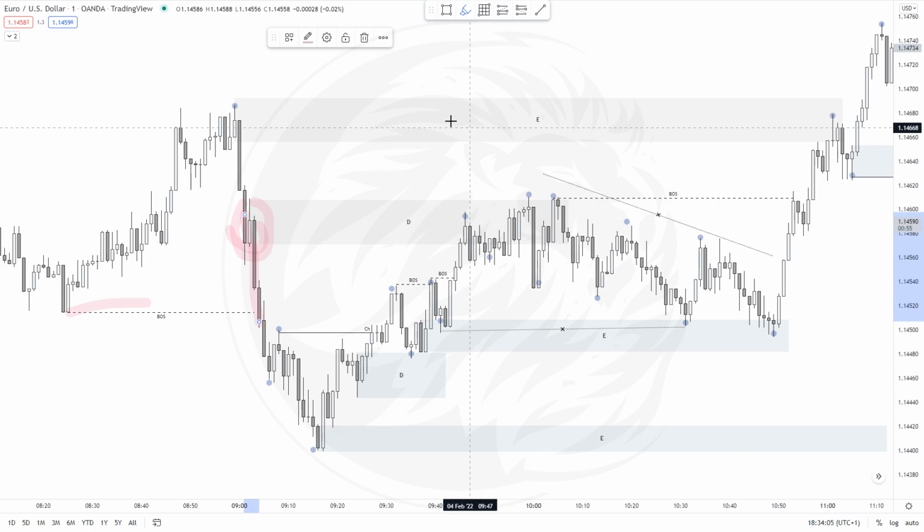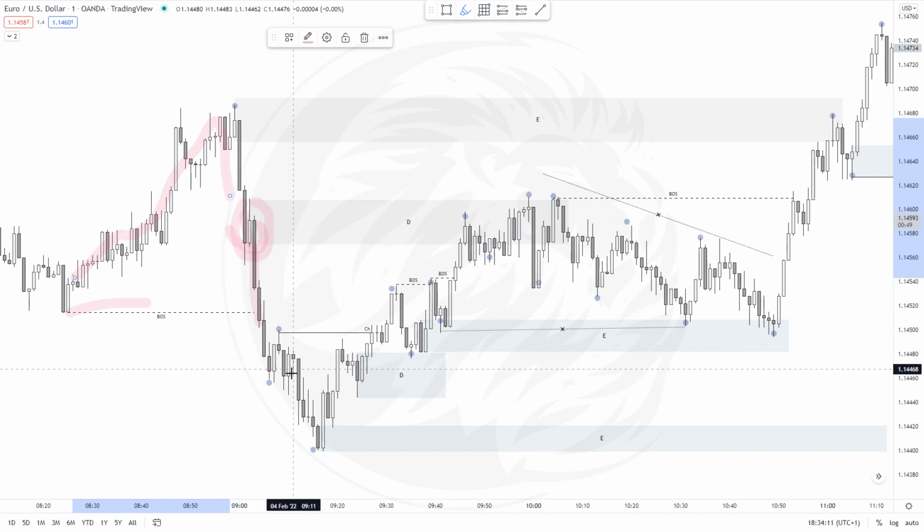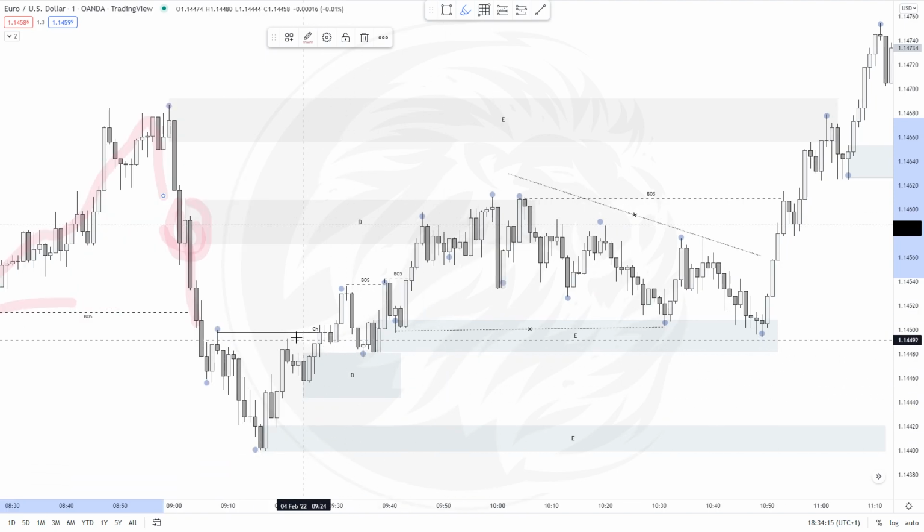And so as we can see here, price is breaking structure, creates a little bit of structure here. Here price breaks its first structure, so it makes its change of character.